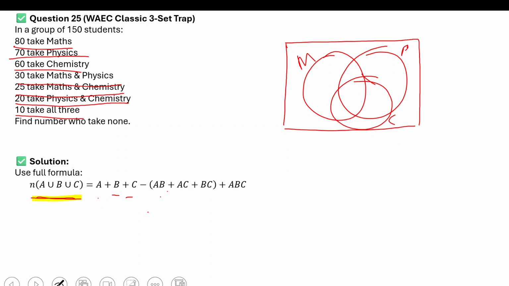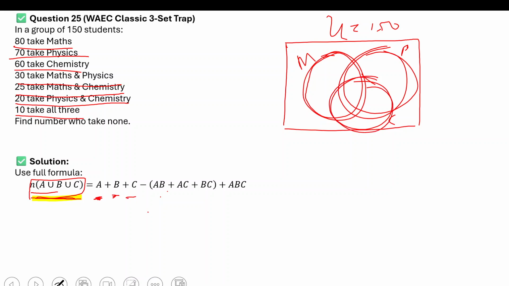I will have the total number, which is U equals 150 here. Then I have the number that takes maths as A, physics as B, and chemistry as C.